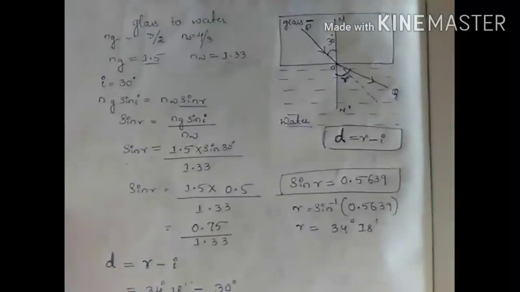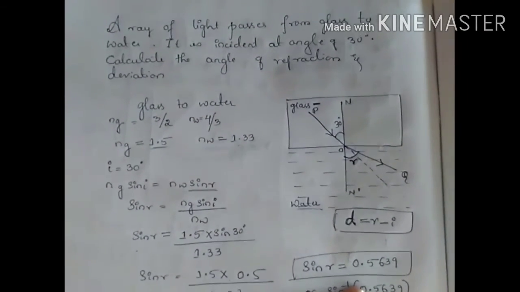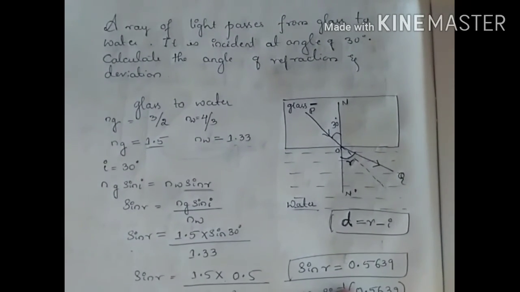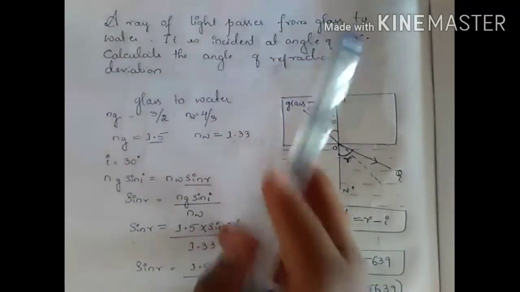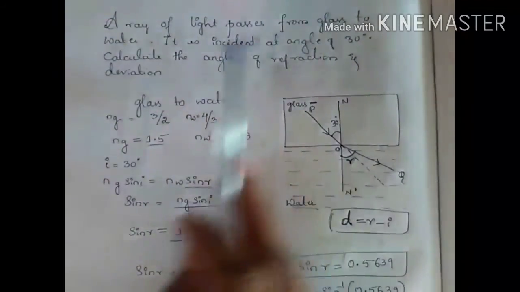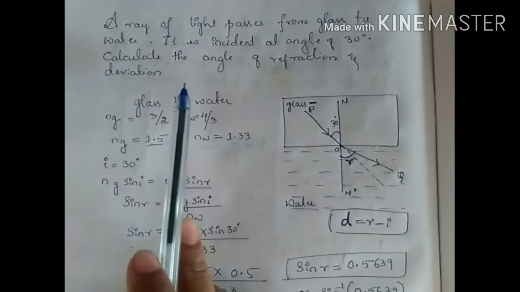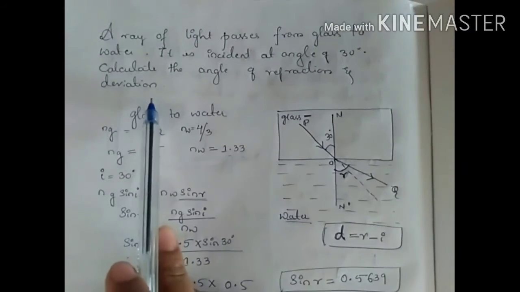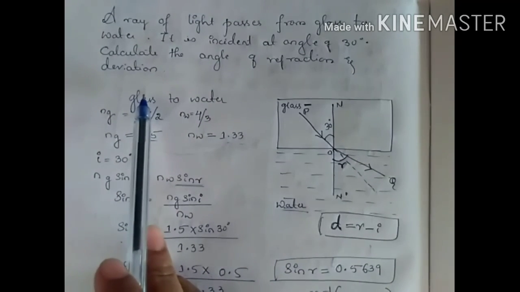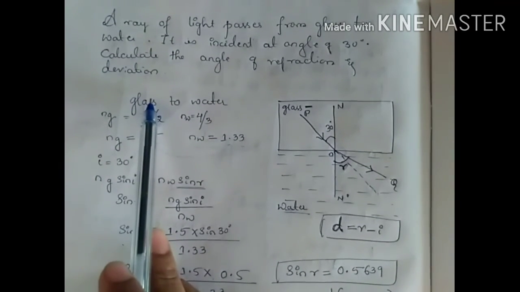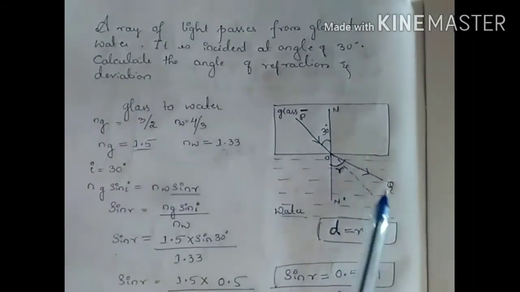So how did we do this? This is a similar problem which we have already done in our last lecture. Here we are just changing the medium. So it is glass and water, and he is asking, when light travels from glass to water, what will happen to the angle of refraction and what is the deviation formed by the light ray.